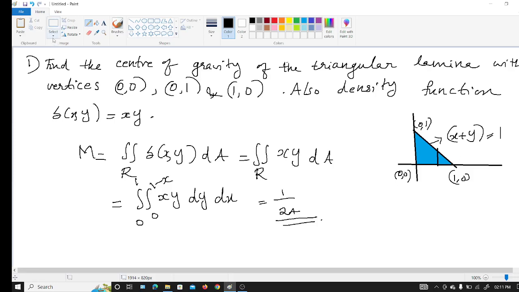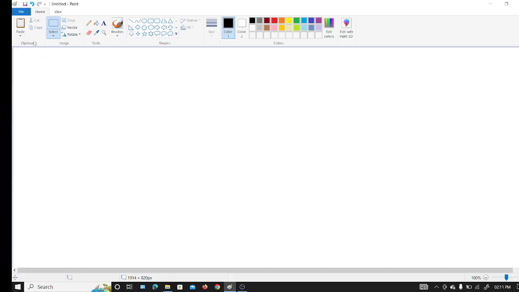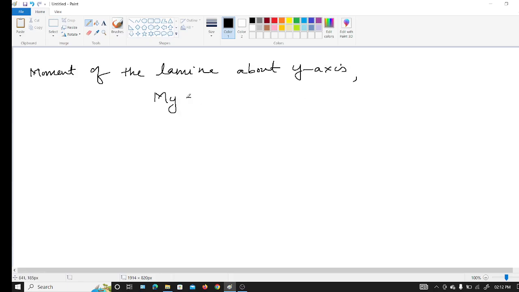So first we can find the moment of the lamina about the y-axis, that is calculated by the formula My is equal to double integral over R x into delta xy dA.